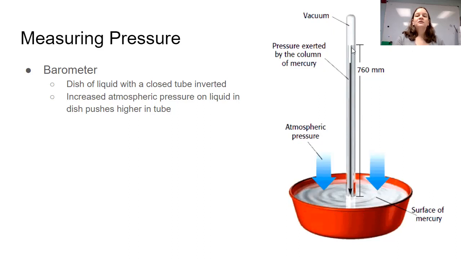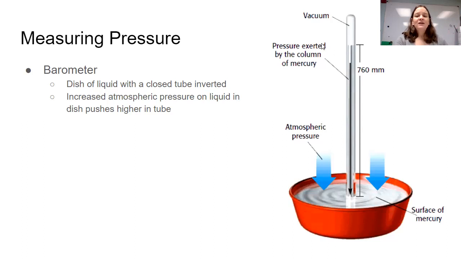Standard pressure, normal pressure on just a normal nice day outside at sea level, would be 760 millimeters of mercury, because the mercury would travel 760 millimeters up the tube.